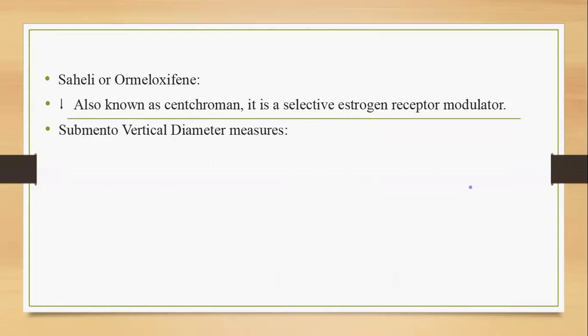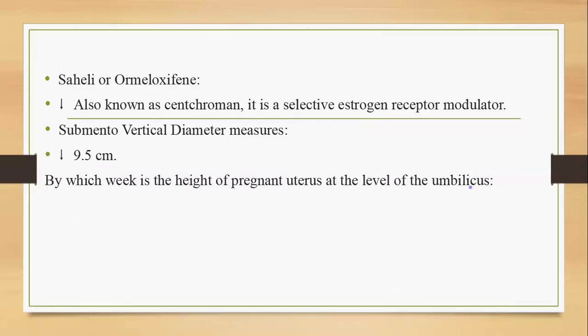Okay, next question. Next, we will talk about the submentovertical diameter here, that is 9.5. Okay, now by which week is the uterine height at the umbilicus? 24 weeks alone. Okay, next question. This arrow you see is just a pointer, it does not mean decrease. Next, what is Spalding sign?